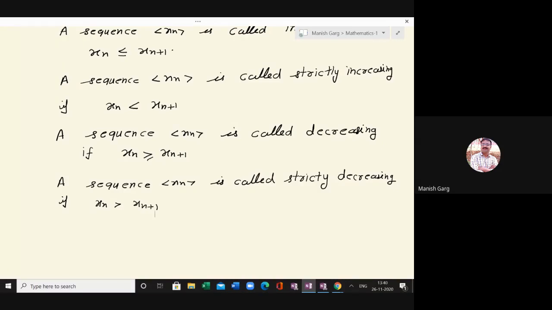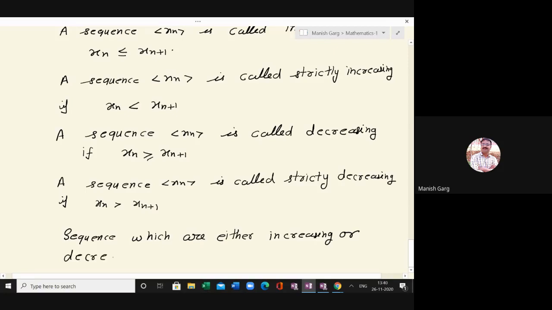Monotone sequences are either increasing or decreasing. So sequences which are either increasing, strict or normal, or decreasing are called monotone sequences.